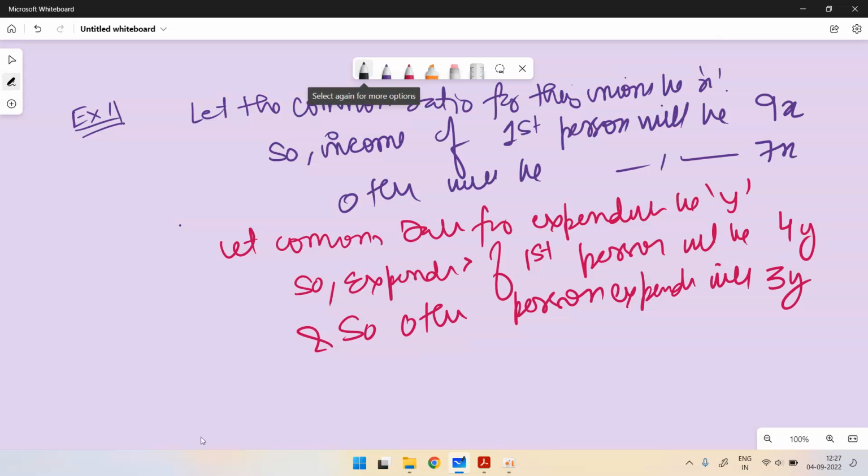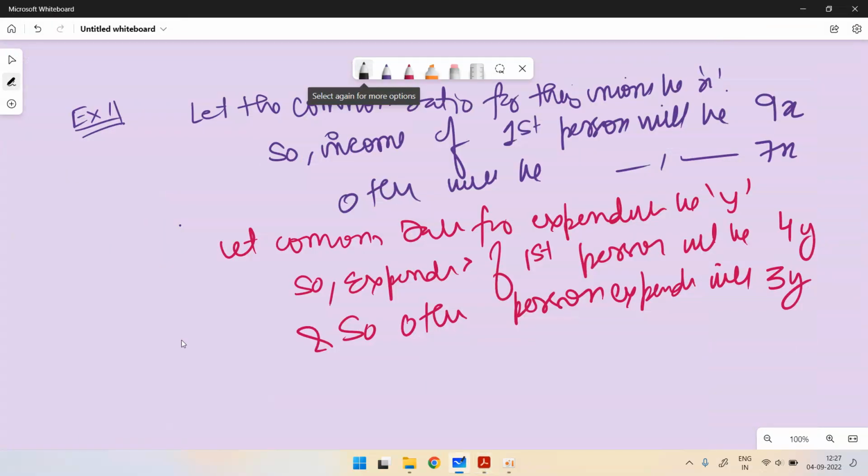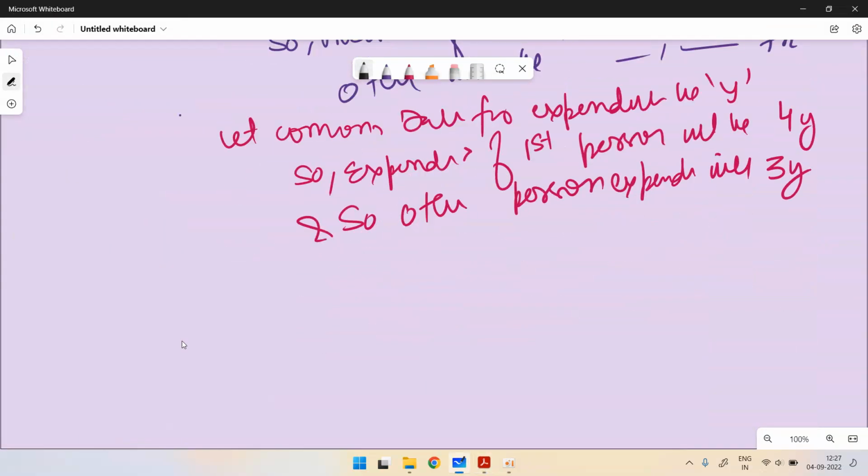Next it is saying that they both manage to save rupees 2000. What is saving? You know that saving is nothing but income minus expenditure.